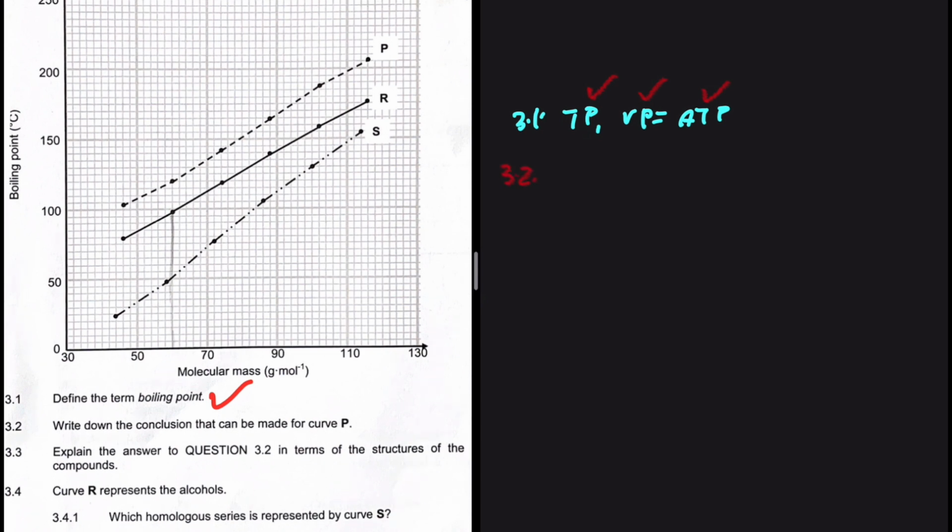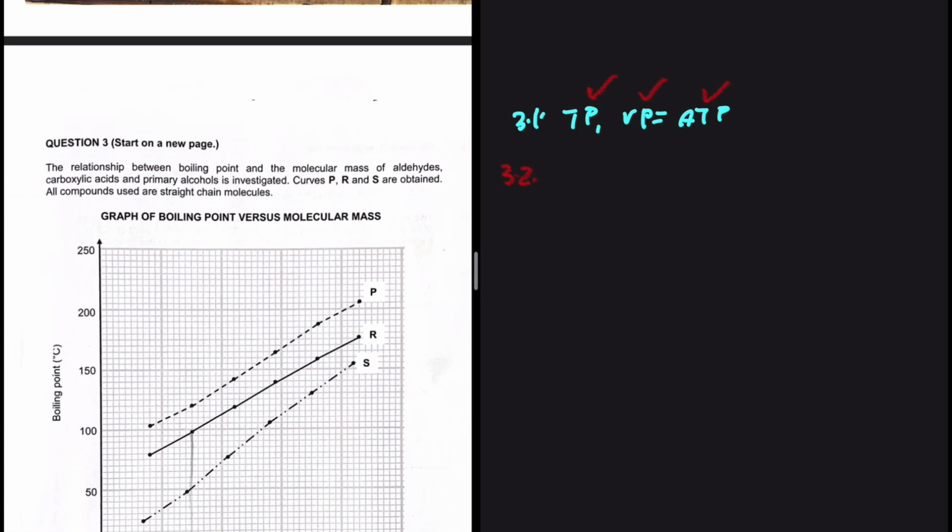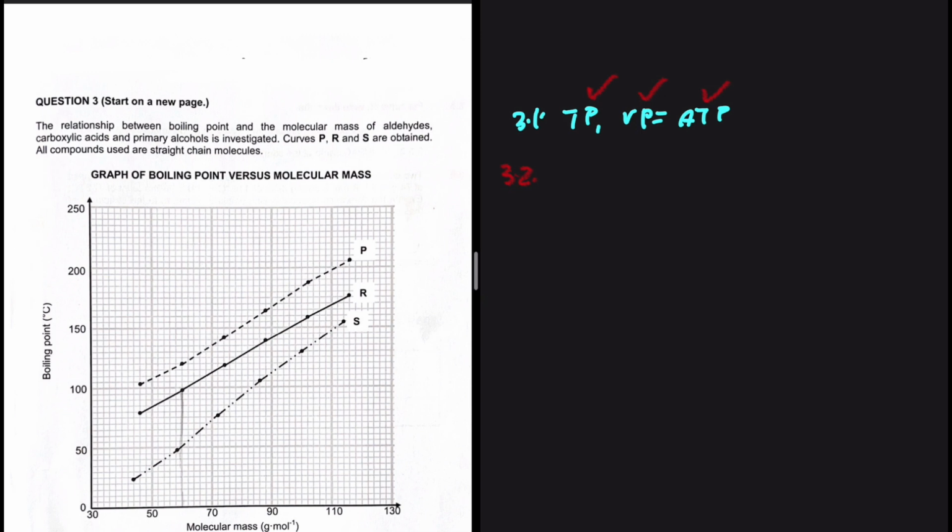In 3.2, write down the conclusion that can be made for curve P. So let's go ahead and read through our question statement and figure out what is happening. The relationship between boiling point and the molecular mass of aldehydes, carboxylic acids, and primary alcohols is investigated.